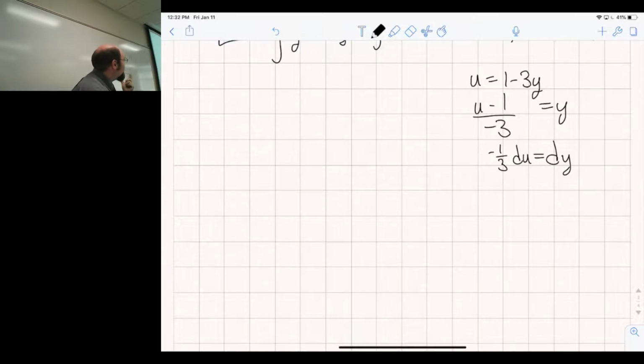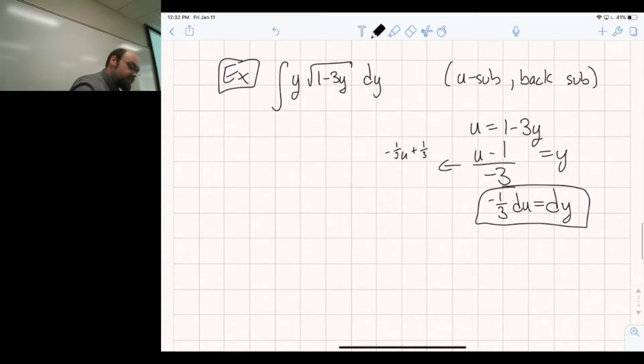That -1 over -3 is the same thing as saying, if I wanted to rewrite this, -1/3 u plus 1/3. Do you agree with that? And so the derivative of that is really just -1/3, but we're differentiating with respect to u, so u becomes du. So we get this as what we want for our substitution.